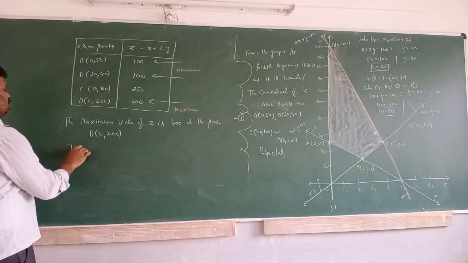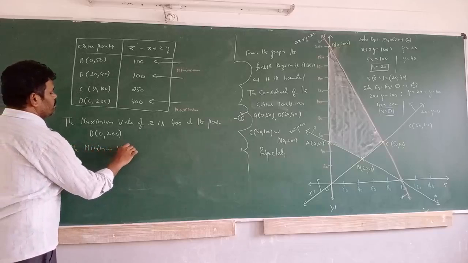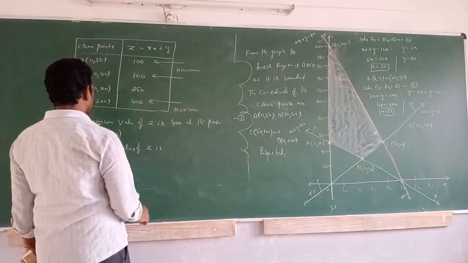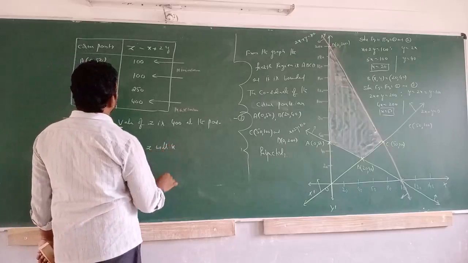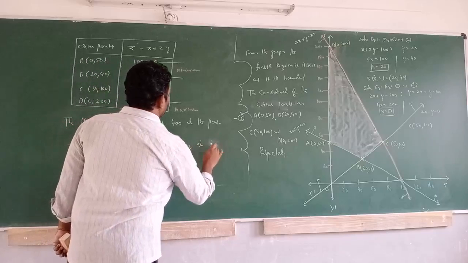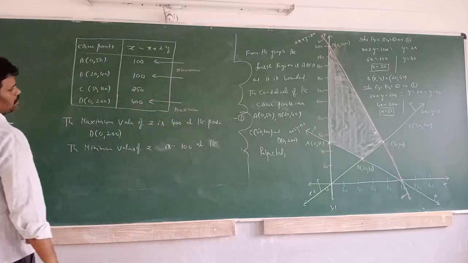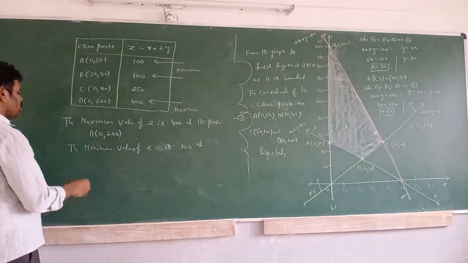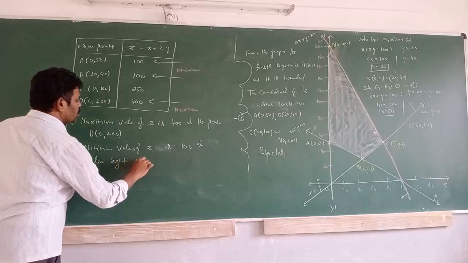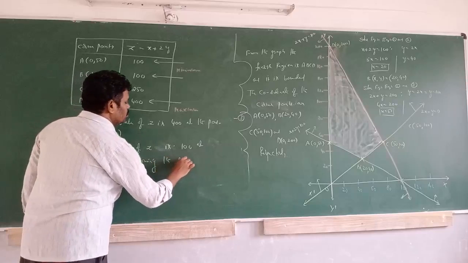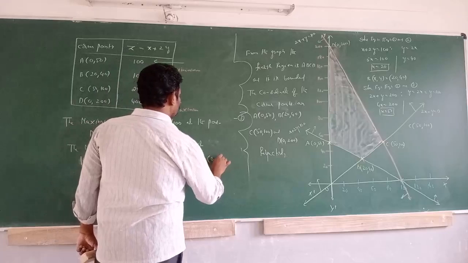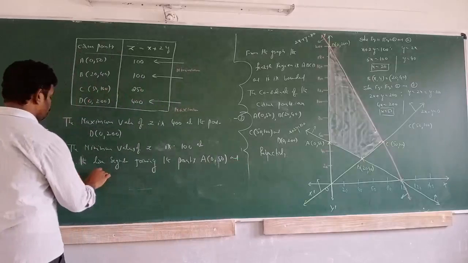Again, the minimum value of z is 100 at the points on the line segment joining the points A of 0, 50 and B of 20, 40.